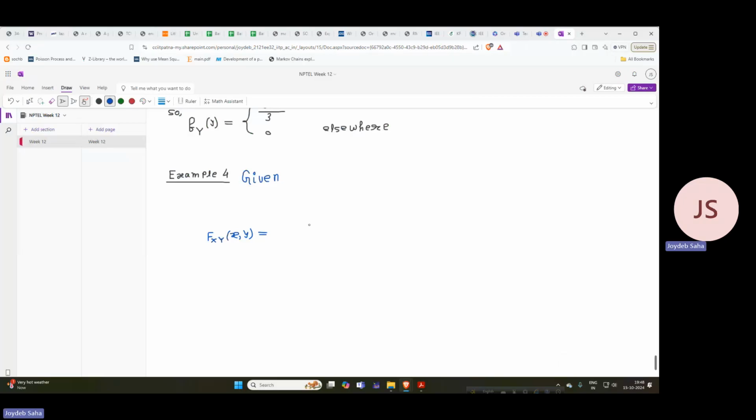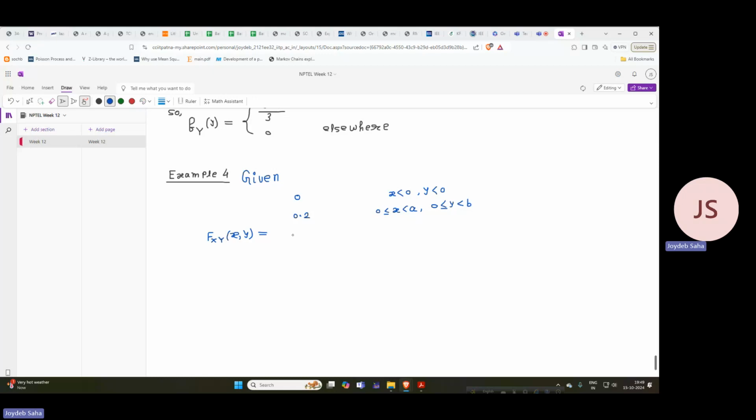Okay. So it is 0 for x less than 0, y less than 0. Okay. 0.2 for 0 less than or equal to x less than a, and 0 less than or equal to y less than b.